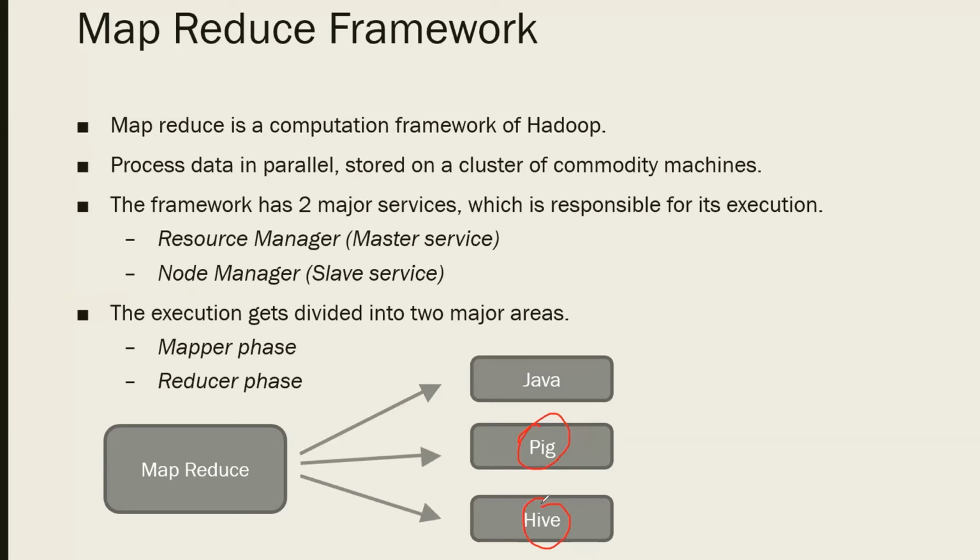That was one of the challenges. Hence these two components came in, wherein Hive is one of the components through which I can write queries, and I call them HQL, Hive Query Language.